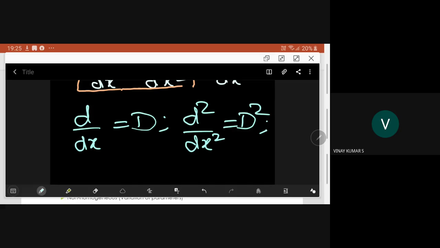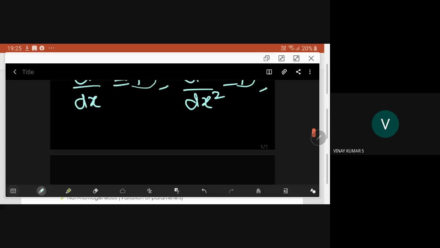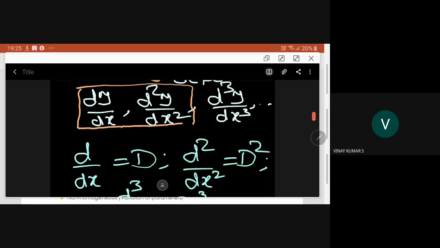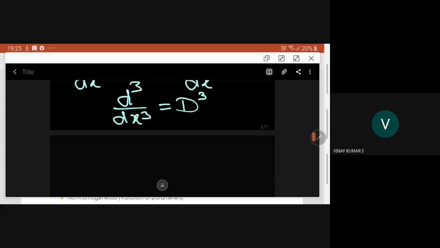If you go for a little higher order, d cube by dx cube is written as capital D cube. So this is our notation.